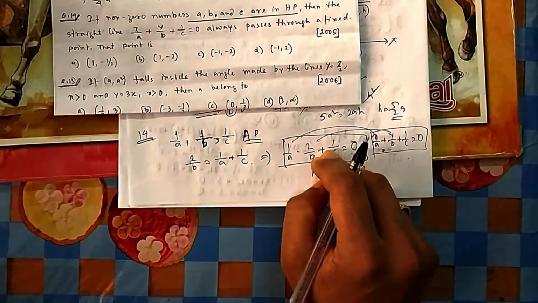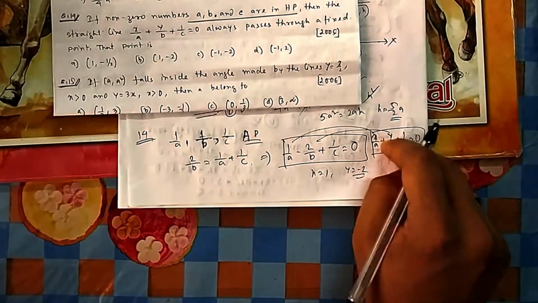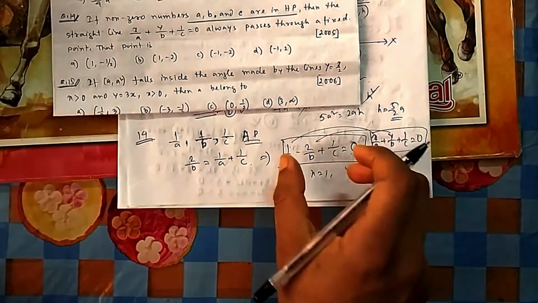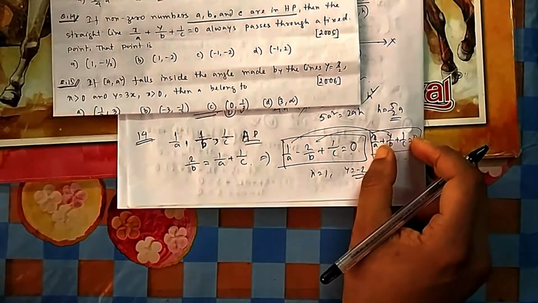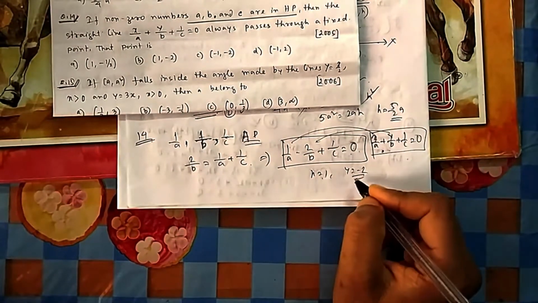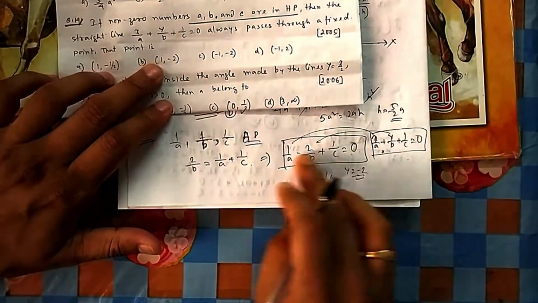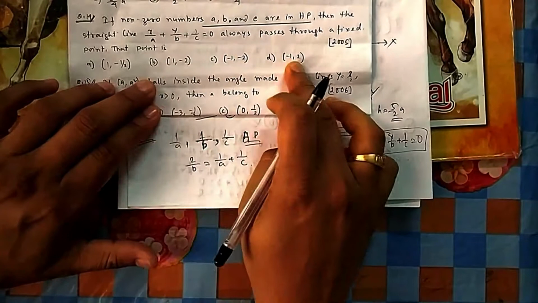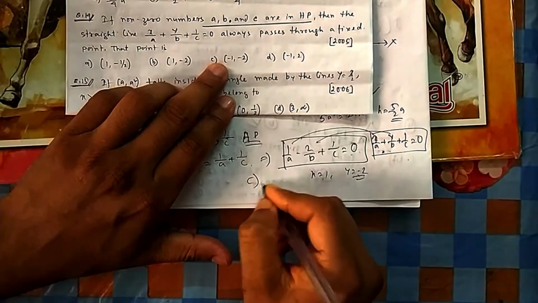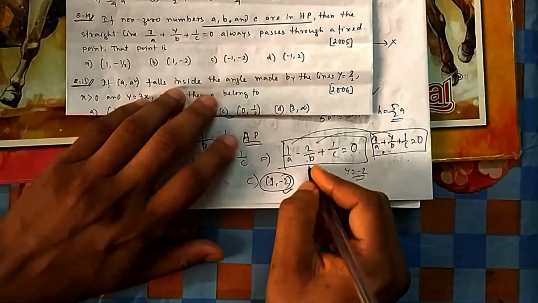So I have written this statement, I have written this equation of line also, and by seeing it I can see if I put x equal to 1 and y equal to minus 2. Or from the options also you can check: if you put option C, (1, minus 2), then it satisfies the given condition. That's why this is the answer.